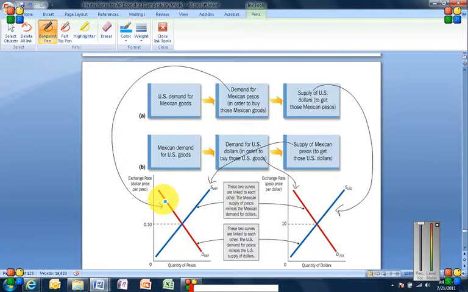So they're going to be increasing the supply of dollars in that market, and at the same time demanding pesos in the peso market. And that's why these two are tied on a string. Conversely, in the second transaction here, the other two curves are tied on a string.